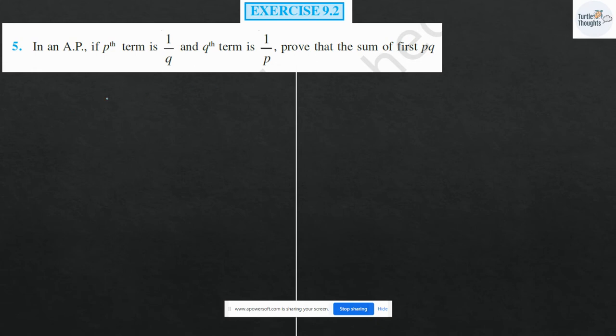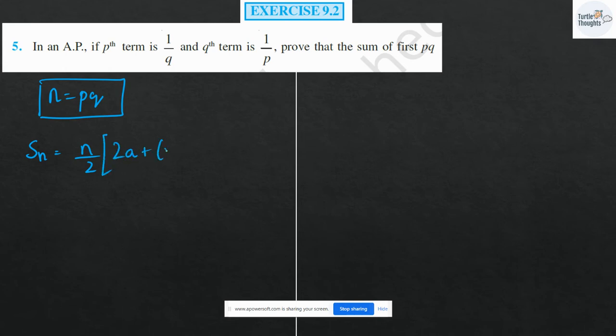Fine. So I should be taking N will be equal to PQ. Write the Sn formula. Sn will be equal to N divided by 2 multiplied by 2a plus n minus 1 into d.